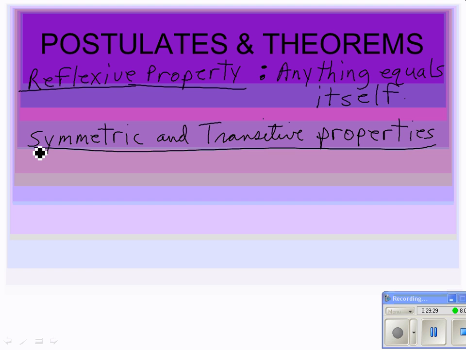Just switches the two things. We'll get to transitive property in a second. Transitive property was that easy one that everybody remembers. Nobody remembers the name of it, but everybody remembers what it does. All they're telling us on both of these is that both these properties work for all segments. So not only do these two properties work in algebra, but they also work for segments in geometry.